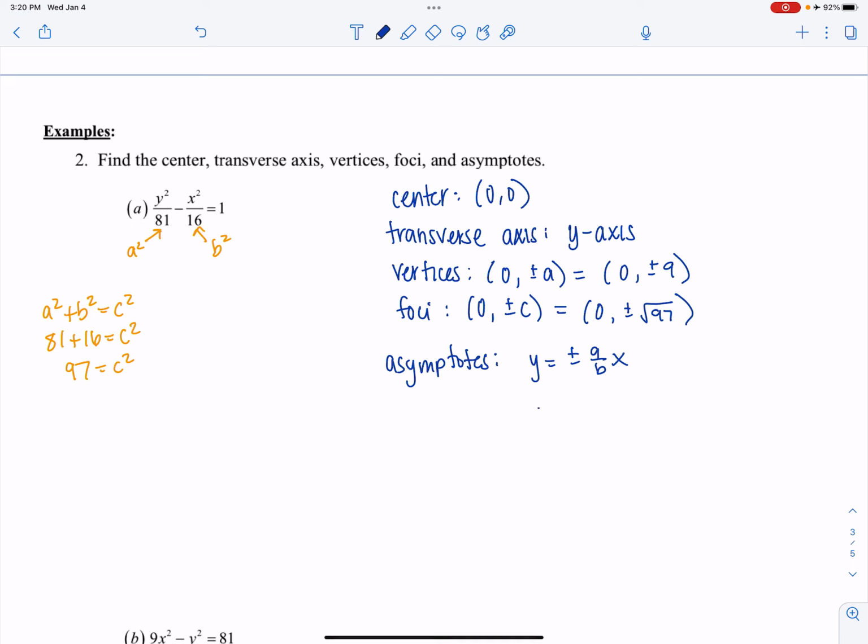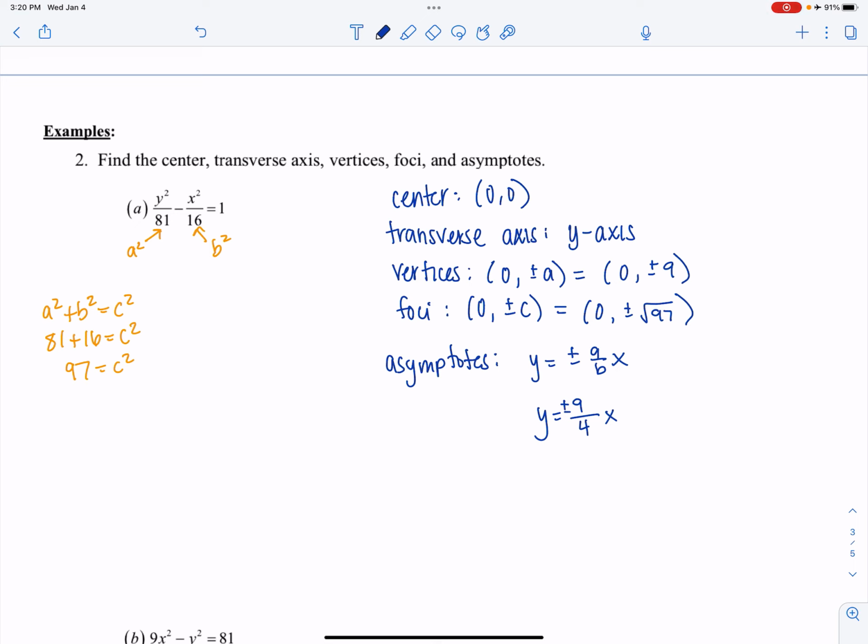And a is 9. And b is the square root of 16, so b is 4. So y equals plus or minus 9/4 times x. And we have both positive and negative versions, because remember, we have those asymptotes that go both ways. And that is everything. That's all the pieces. That's everything they wanted.